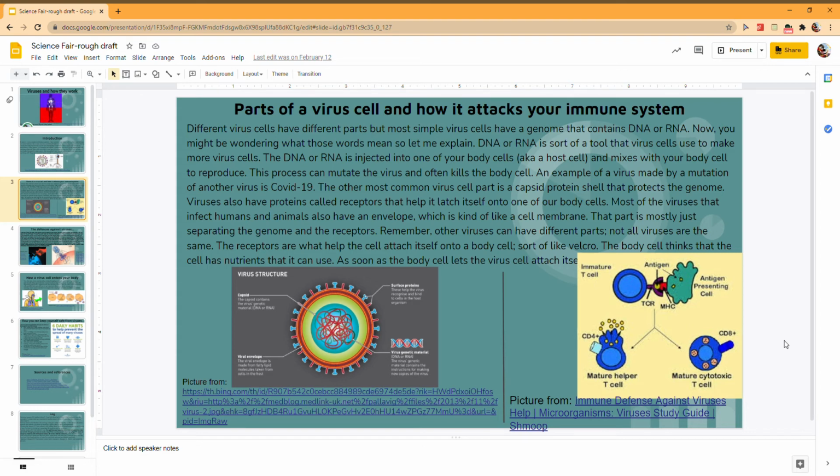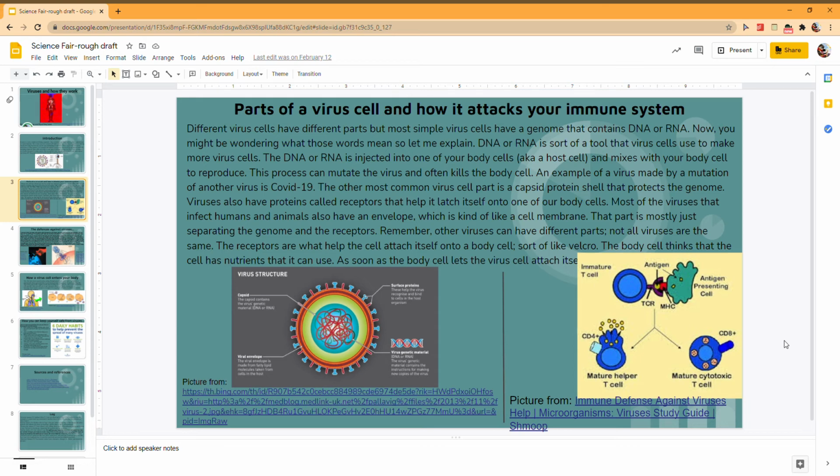Most of the viruses that infect humans and animals also have an envelope, which is like a cell membrane. That part is mostly just a separation of the genome and the receptors. It's kind of like the ordinary envelope, except there's something on the outside and on the inside.